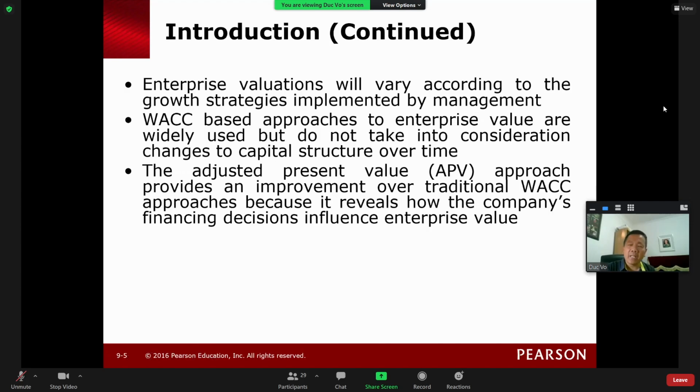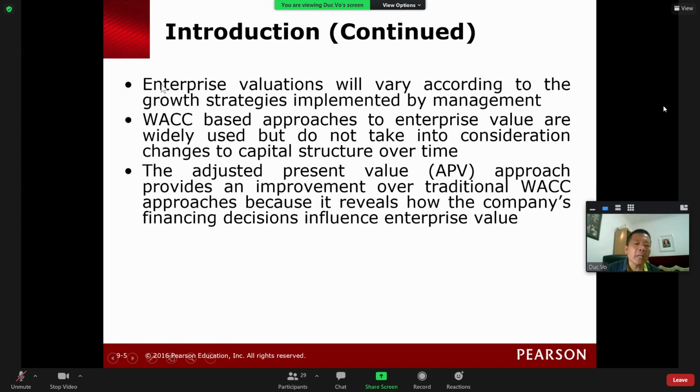Later we discuss an issue when you do the enterprise valuation and use the cost of capital as the discount rate. You will see that the cost of capital is excellent when you do the valuation with the condition that you assume the combination between debt and equity remains the same for the life of the company.